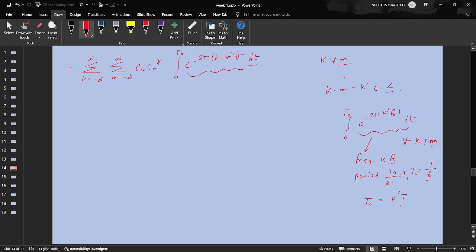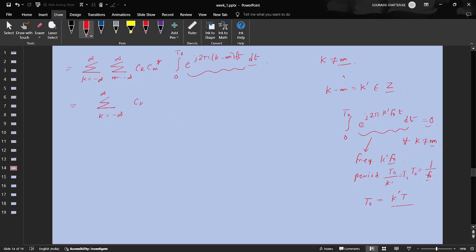Therefore T naught is actually an integer multiple of its period. Whenever we are integrating a complex sinusoid over an integer multiple of its period, we are always going to get 0, right? For k not equal to m, this will always lead to 0. So at the end, we are left with only one summation, that is k equal to minus infinity to infinity, or it may be m, doesn't matter, but only one summation will remain.